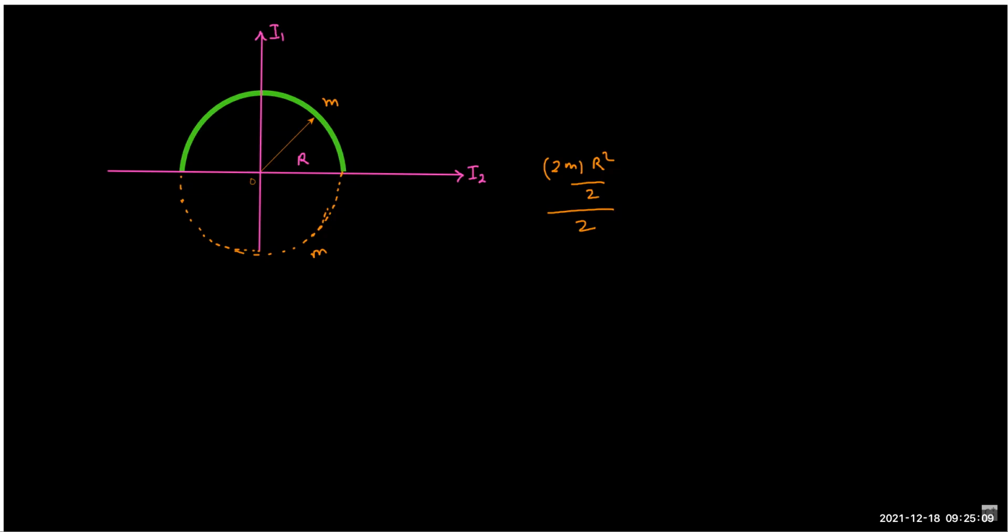And it turns out the answer is the same. So your answer is still mr square by 2. In fact, I2 will be mr square by 2 and I1 will also be. Both are in the plane of the ring, and I1 and I2 will be the same answer, mr square by 2.